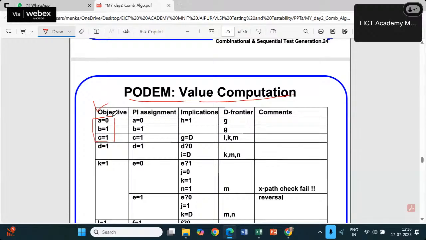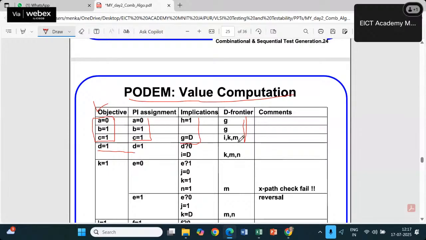Then H is equal to 1 and G is equal to D. And D frontiers, this is the list of D frontiers: I, K, M, and the next one is N. Now, what is the next one? You are trying to propagate it through I or K or M. Those are the D frontiers.